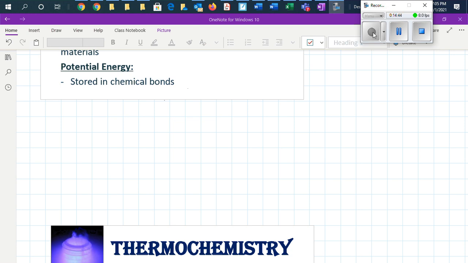The system in chemistry includes substances involved in the chemical and physical changes. For example, in an acid and base neutralization experiment, the system may be a beaker containing, let's say, 50 milliliters of hydrochloric acid, to which are added 50 milliliters of sodium hydroxide. The surrounding is the rest of the universe outside the system.